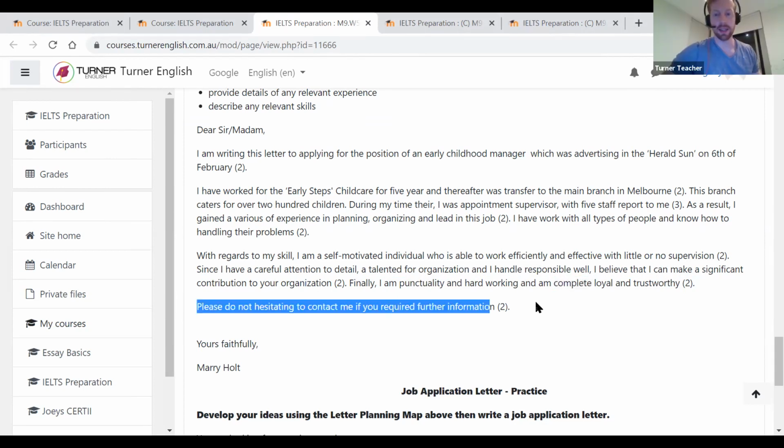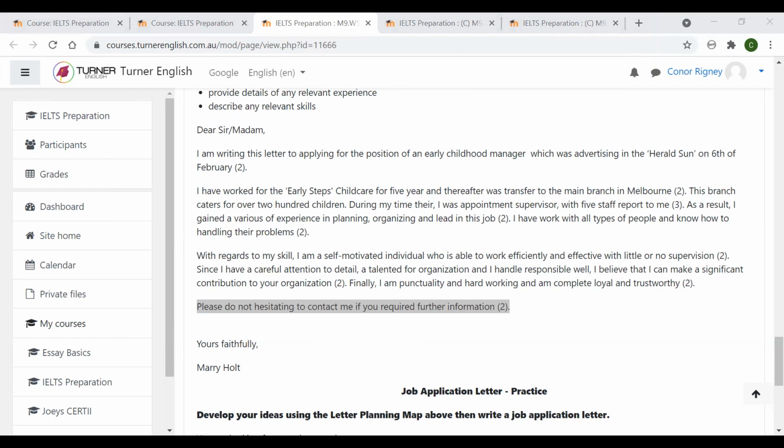And then the last sentence. Please, Ethan. Please do not hesitate to contact me if you require further information. Very good.